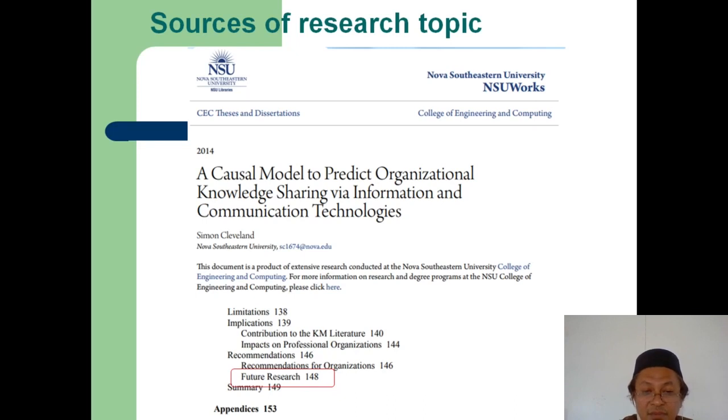On the last chapter, there's a subheading called future research. So you can go into that future research subheading, go to that page 148, and then you can read up. You can notice that the author had provided a very interesting topic that other researchers can consider adopting or using for their research work.